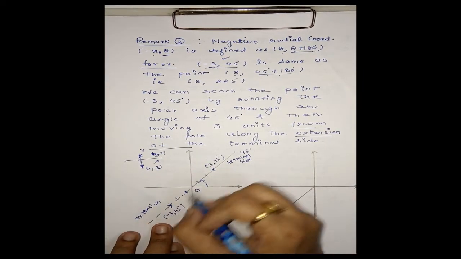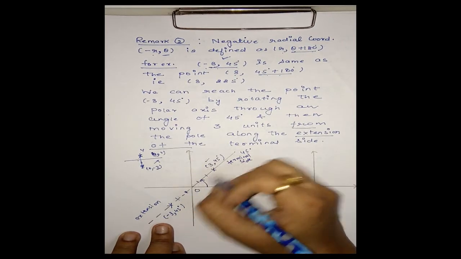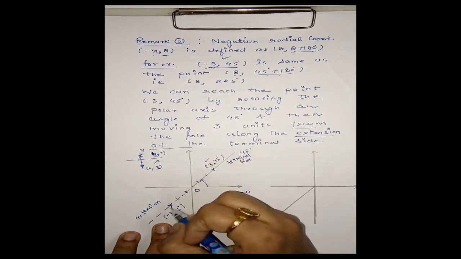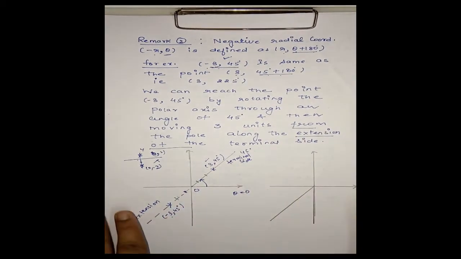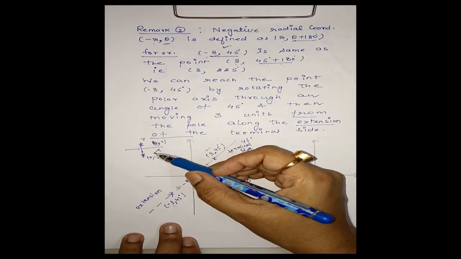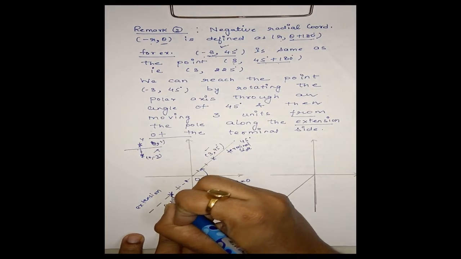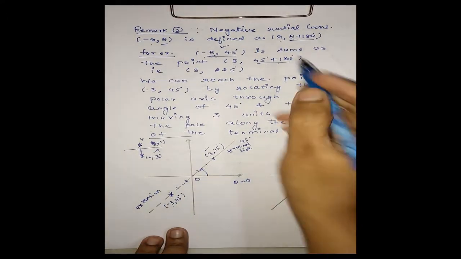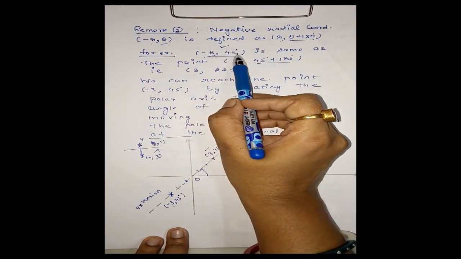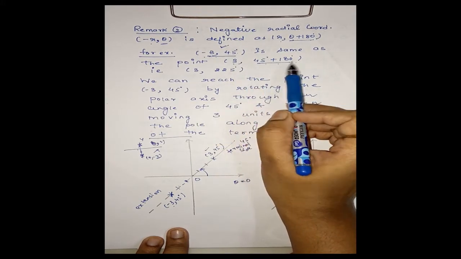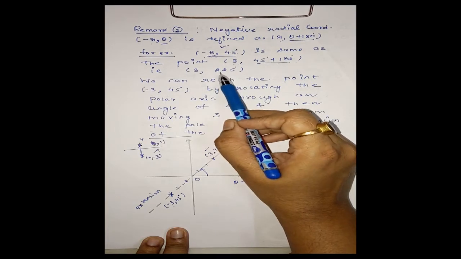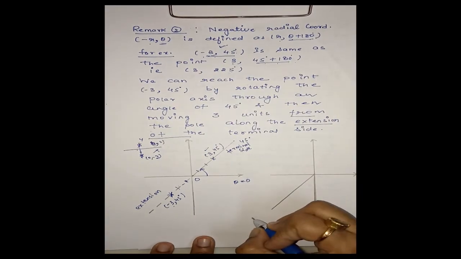Same here. Here it is 3 along the terminal side, but here it is minus 3. Therefore, it is along the extension of the terminal side. Okay. Therefore, (minus 3, 45 degrees) will be here. One way is this, and the other way is that (minus 3, 45 degrees) is the same as (3, 45 plus 180 degrees), that is (3, 225 degrees). 225 degrees is here.